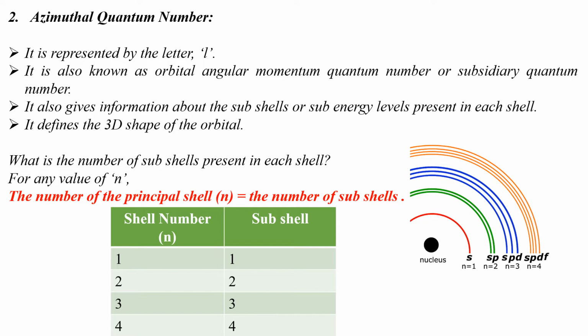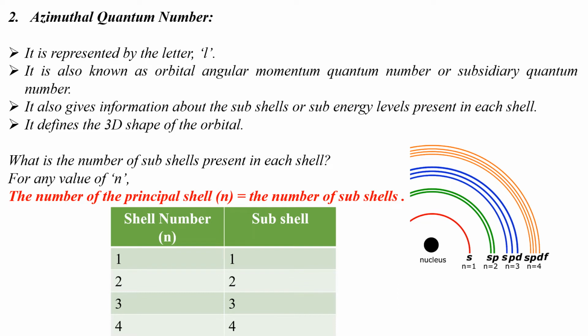Suppose, look at the tabular column. If the value of n is 1, that is for the first shell, you will have 1 subshell. For the second shell, you have 2 subshells. For the third shell, you would have 3 subshells. For the fourth shell, you would have 4 subshells. Why? Because the number of subshells in a principal shell is equal to the value of n.